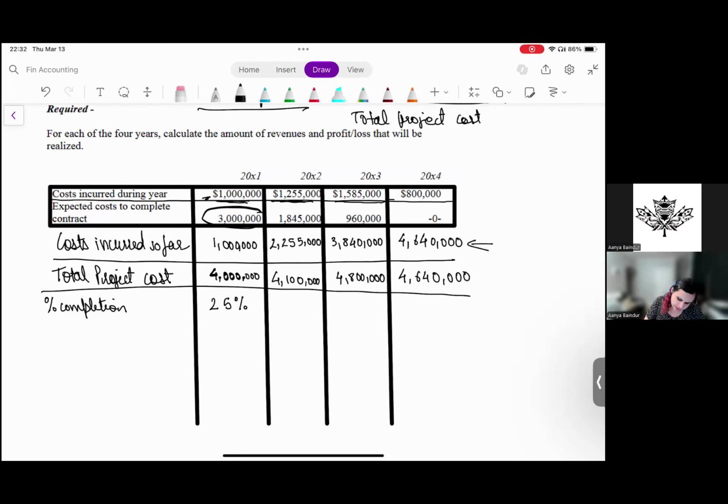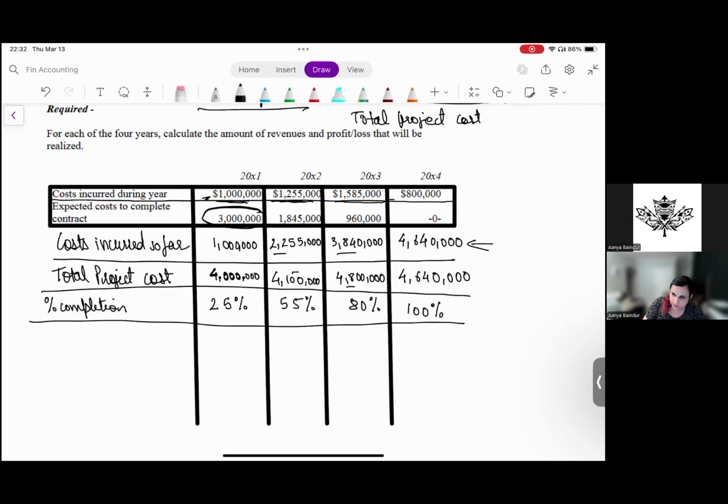Next, we take the 2,255,000 divided by the 4,100,000, which will give you a value of 55%. Next, you take this value divided by this, which will give you 80%. And for the last year, it's obviously 100% because that's when the project completes.